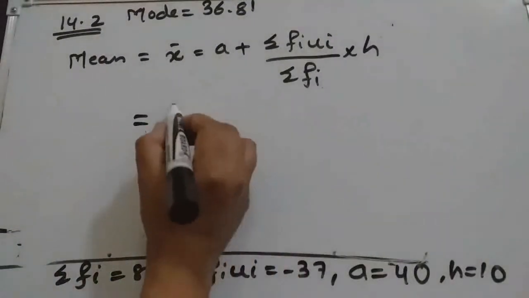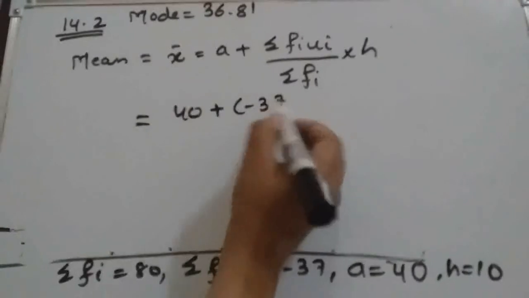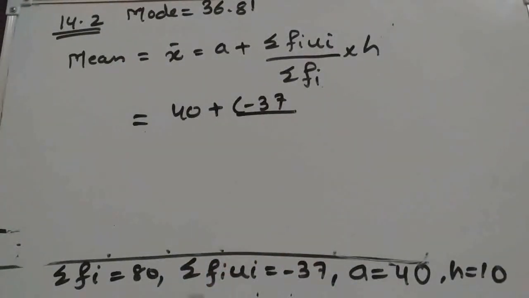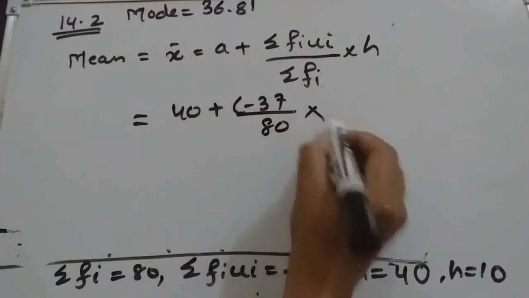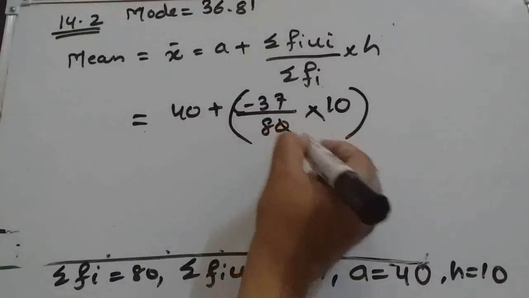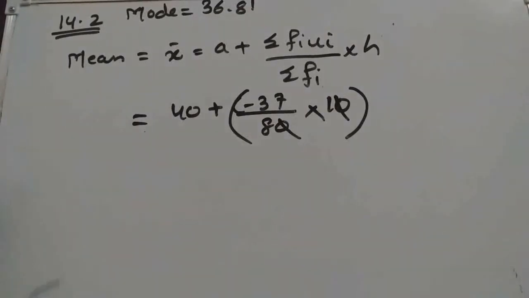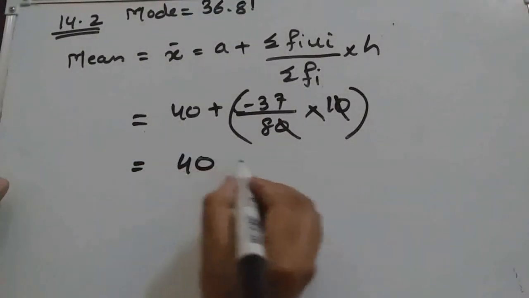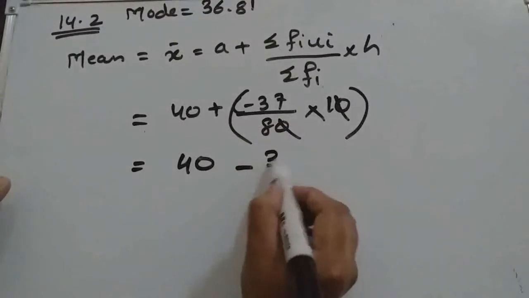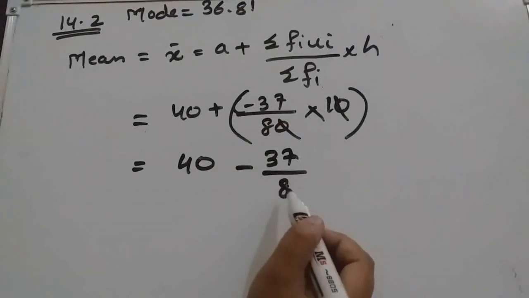So A is 40 plus sigma fiui is minus 37 divided by sigma fi is 80 into 10. Isn't it? So this 0 will go. So we are left with 40 minus 37 by 8. So this 37 you can divide by 8.